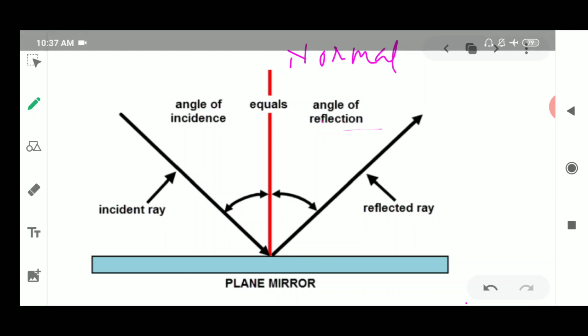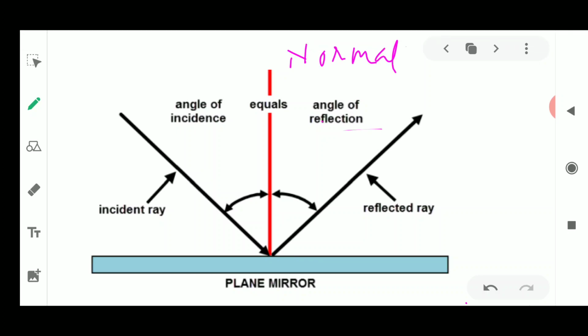Now this normal divides the incident ray and reflected ray into two angles. One of the angles is made by the meeting of two lines, that is, the incident ray and the normal. This is known as the angle of incidence. Now you know that angles are made at every corner.